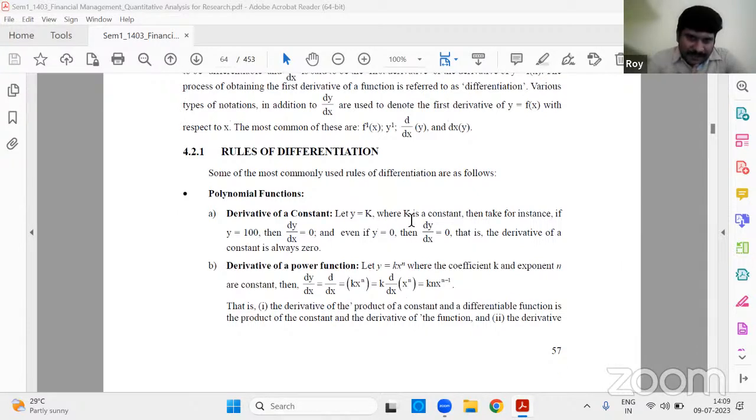Okay, right. Y is equal to K, where K is a constant. For instance, if Y is equal to 100, then dy by dx is equal to 0. Why? Because the derivative of a constant will always be zero.